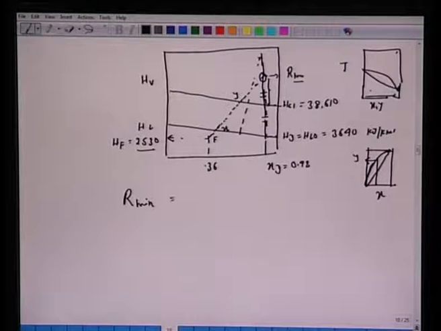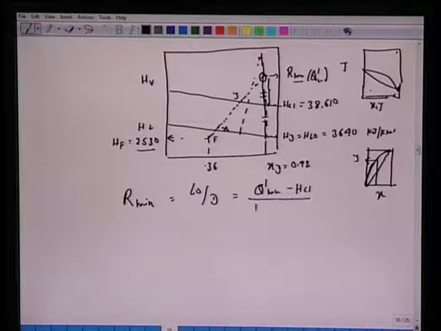So R min equals L0 over D equals Q prime min minus HG1 over HG1 minus HL0 here. Now HG1 is known, HL0 is known, and if you measure the segment, this will turn out to be 0.685.